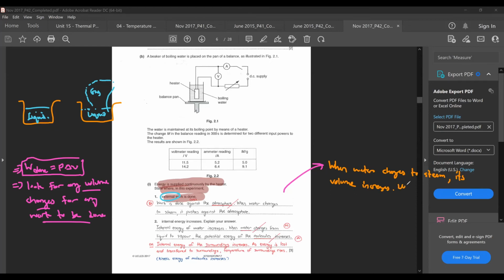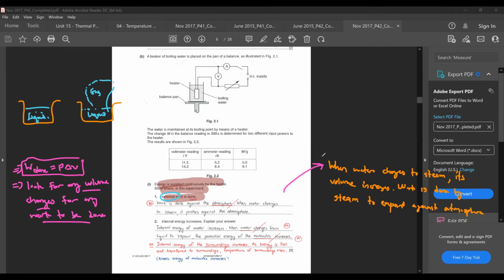Work is done by steam to expand against the atmosphere.